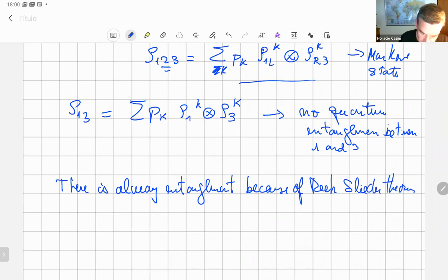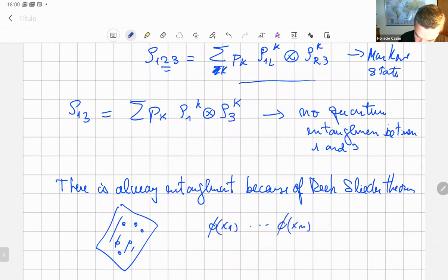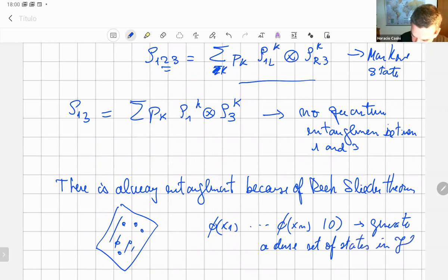What this theorem tells us is that if you have some region with some volume in space-time, and you apply field operators phi(x1), ..., phi(xn) to the vacuum, it will generate a dense set of states in the Hilbert space.